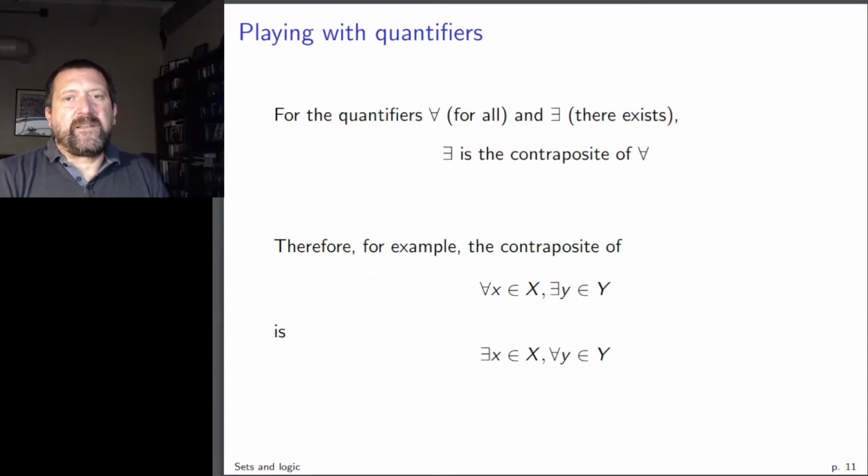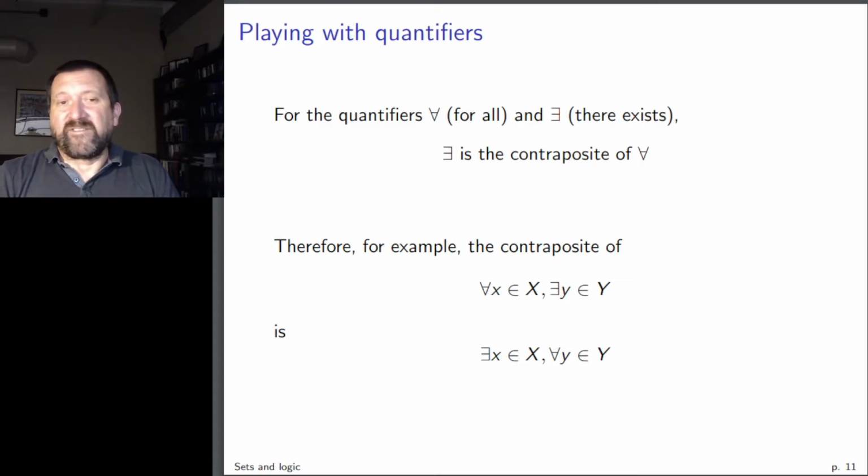The last thing I want to go over in terms of logic and quantifiers is the fact that you can play logic games with quantifiers. The quantifiers for all and there exists are linked in the following way: there exists is the negation of for all.